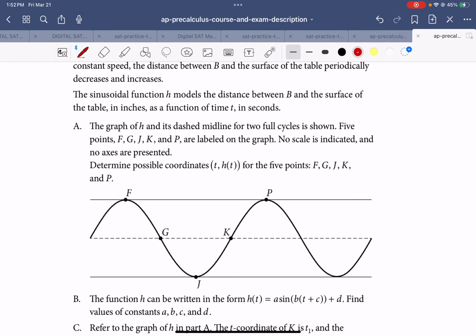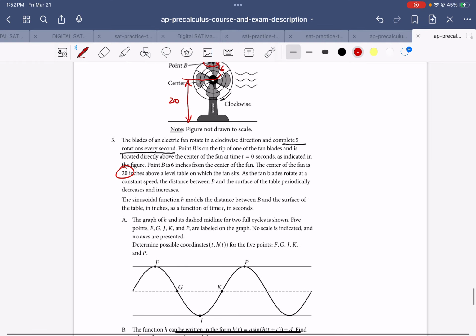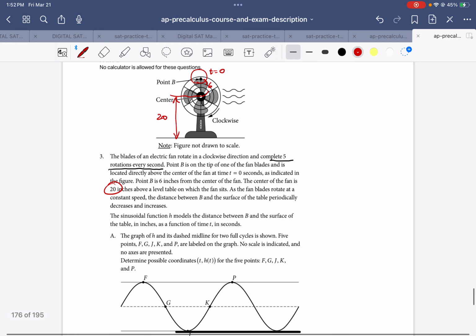When t equals 0, that's the highest point. So the t-value is 0, and the total height up to the top of the blade should be 26 in the beginning. So (0, 26).